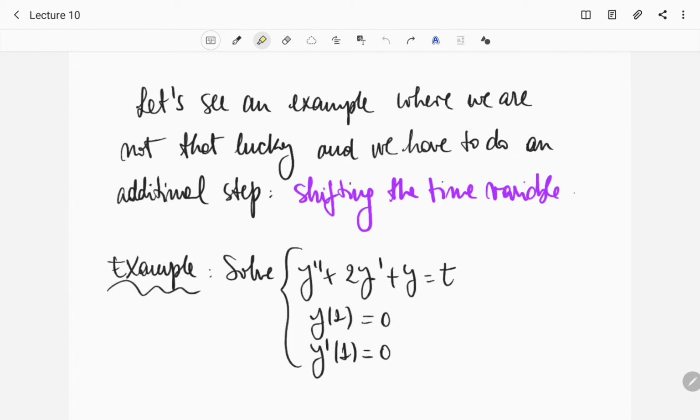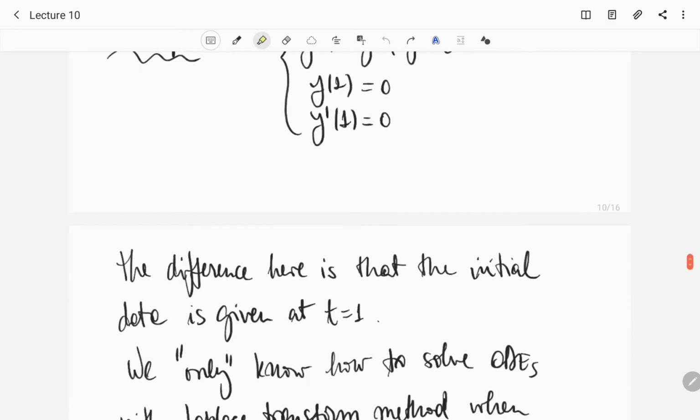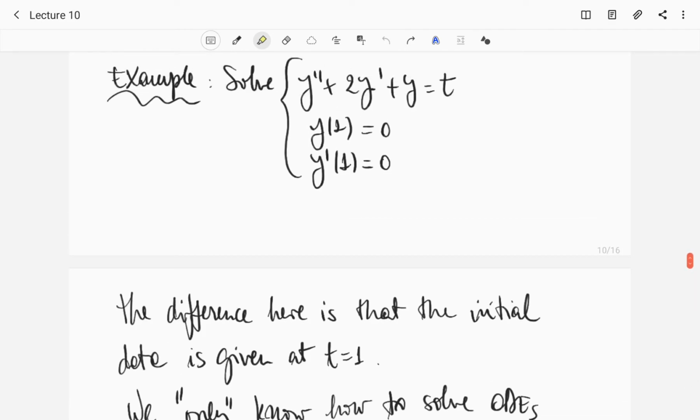So here we have a second order linear ODE with constant coefficients, and this is non-homogeneous because we have a t here, but the difficulty is that the initial time is not 0, it is equal to 1. So the initial conditions are given at t equal to 1. Okay, let's see how we can solve this.